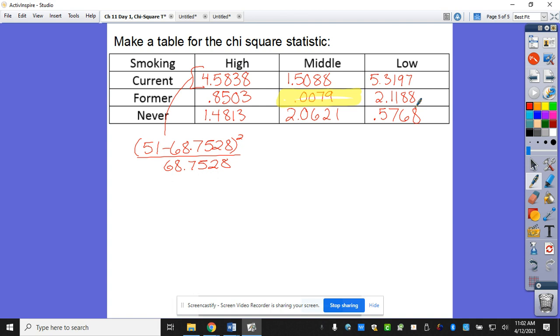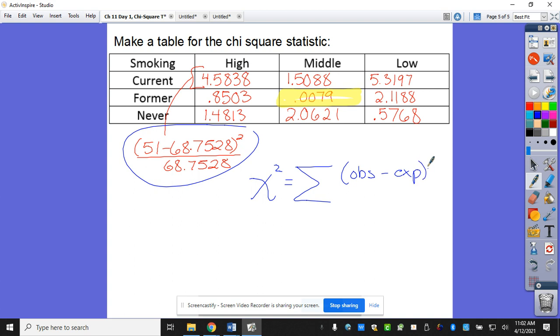So in order to actually come up with the chi-square statistic, these are all pieces of it. You don't need to write anything with this right here. I would write this showing where you got one of these, if you haven't yet, because I know you are doing math faults on that. Our equation for chi-square is the sum of the observed minus expected squared divided by expected. So these are all pieces.